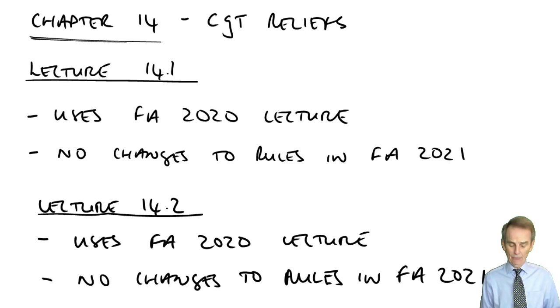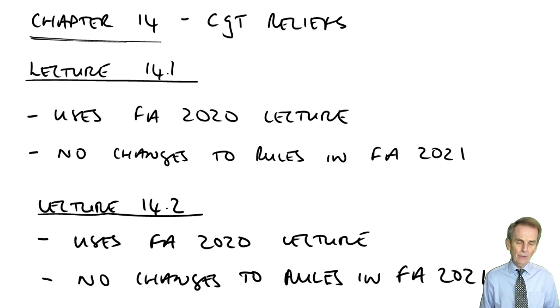So here I'll give you an introduction to the way in which you will use the lectures for what was principally Finance Act 2020. You'll be able to use them in conjunction with your current study notes for Finance Act 2021.